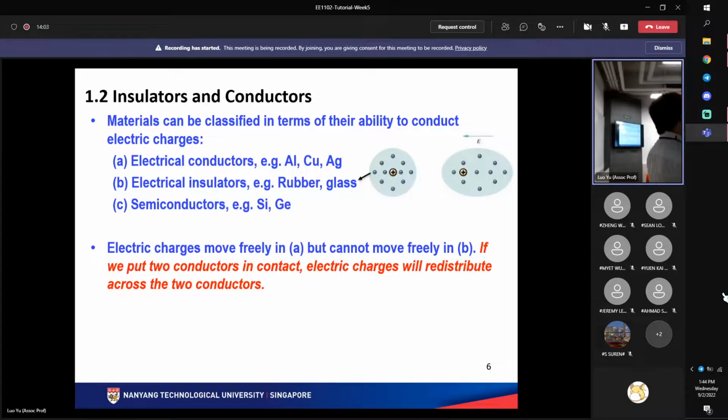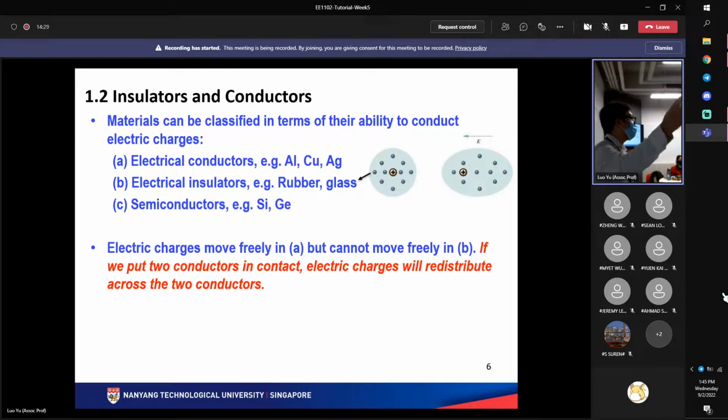Of course, if two conductors are in electric contact, charge from one conductor will be able to transfer to the other. Especially if the two conductors are identical, for example two spheres of the same size or two cylinders of the same size, once they are in electric contact, the total charge will be equally redistributed across the two conductors.